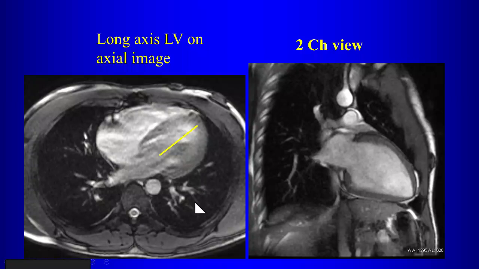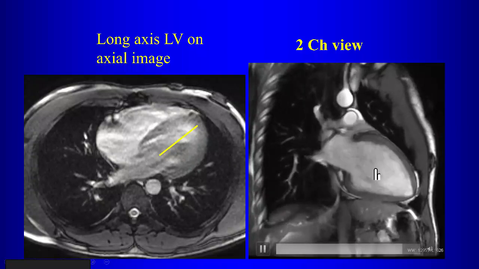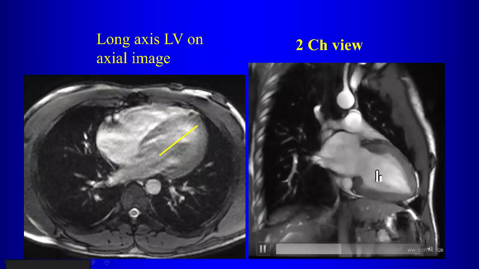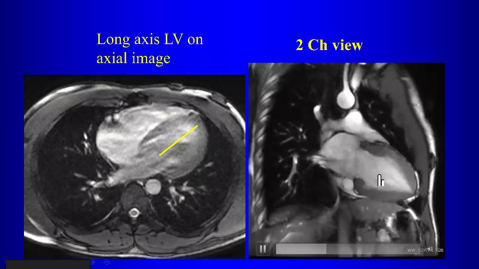Well, if that's the case, what we will do then is identify the midpoint of the mitral valve from those axial localizers that we have. We find the apex of the left ventricle, we just connect those two and we take a plane through there, right? So we'll run a plane through there, and then now we'll run a cardiac gated Cine gradient echo sequence through that, and that gives us a nice approximation of a two-chamber view.